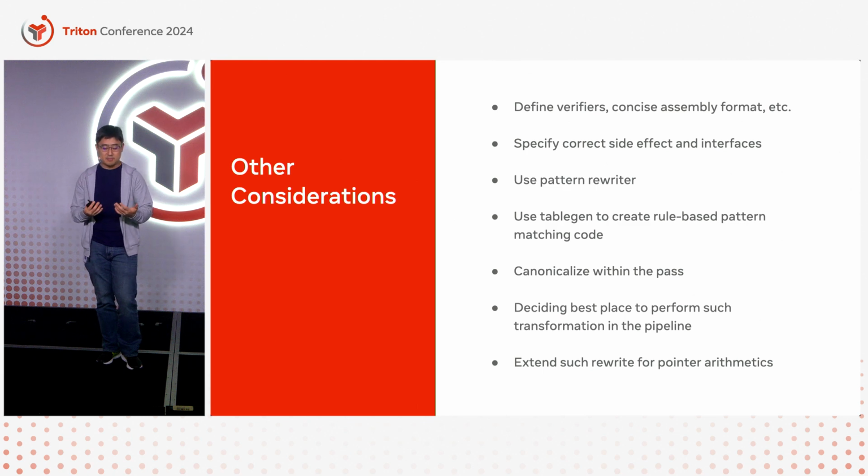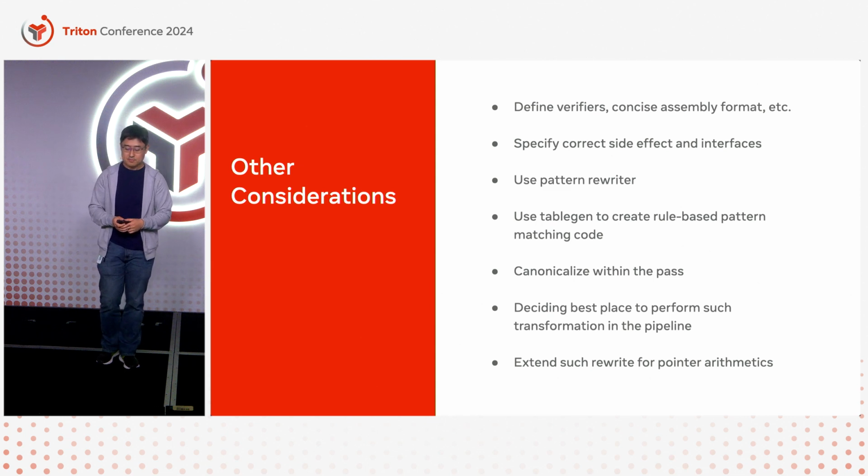We might want to define a better assembly format so the printout is more readable. We might want to specify the correct side effects, so in this case, we're not really writing memory, for example, and the correct interfaces so that canonicalization passes can also work with our newly defined operation.